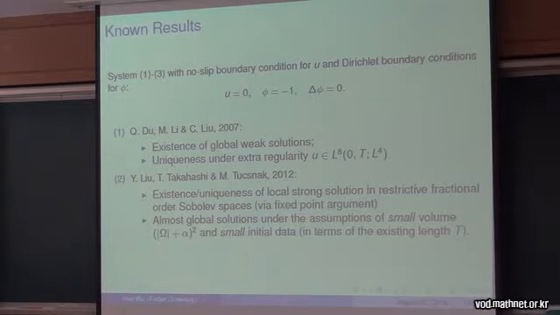And besides that, they can prove almost global solutions under the assumption that the volume is small and the initial data is small. And the smallness of the initial data depends on the existence length of the solution. So it's just almost global.